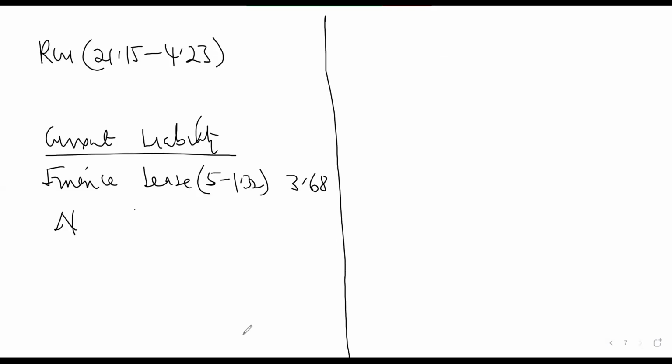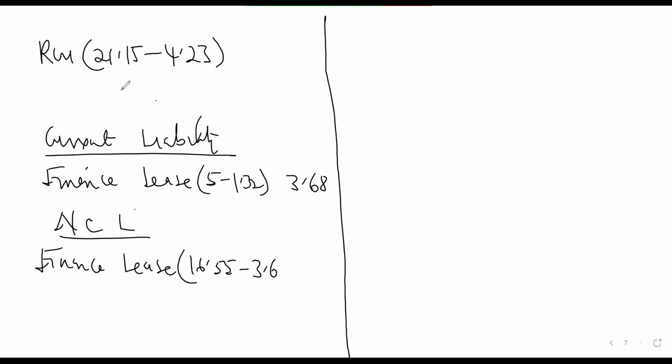Your non-current liability will be calculated from the 16.55, because the actual balance that you should be owing at the end of the year is 16.55, but you are showing 3.68 as a current liability. So what portion will be the non-current liability? That is what we show. In all, if you put the two together, you'll have your balance of 16.55. That's how we go about it.